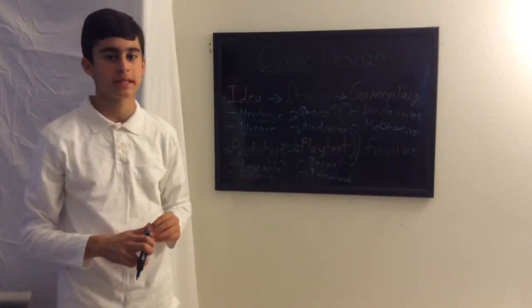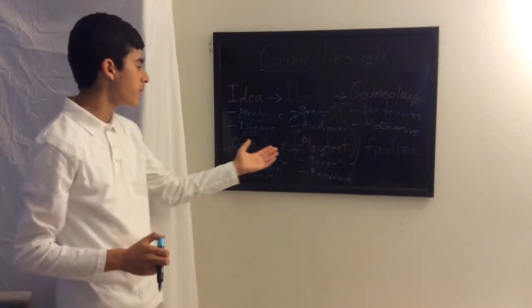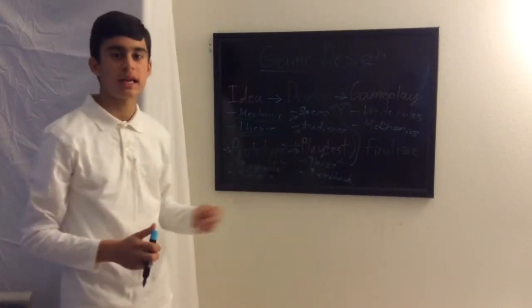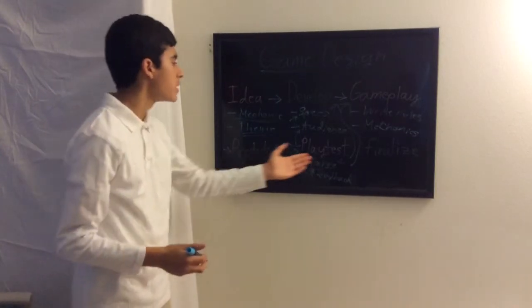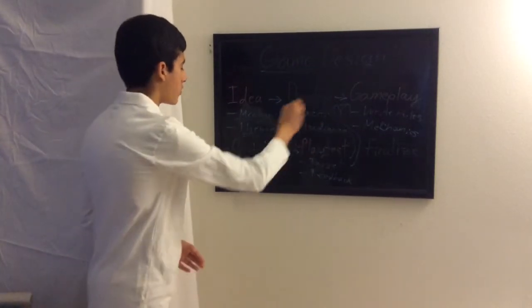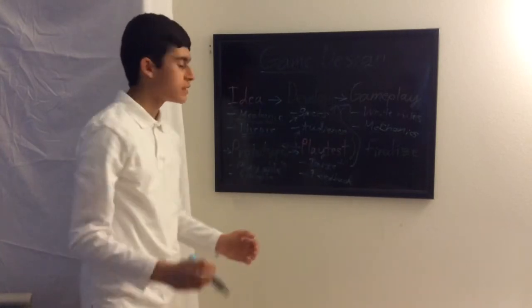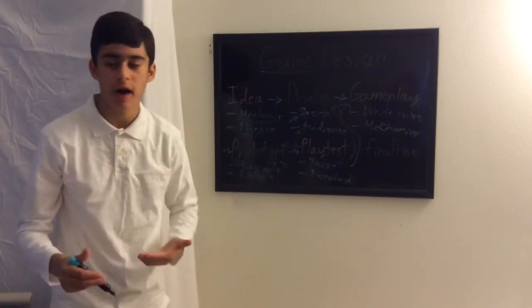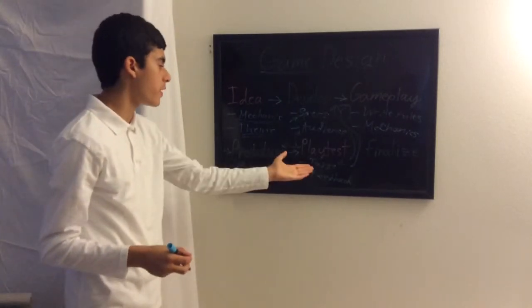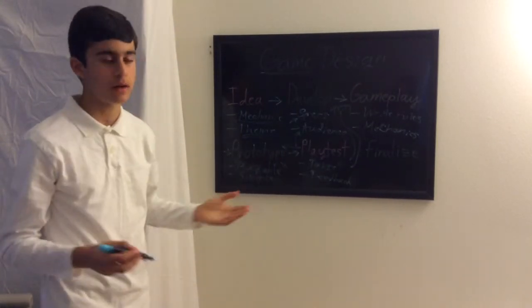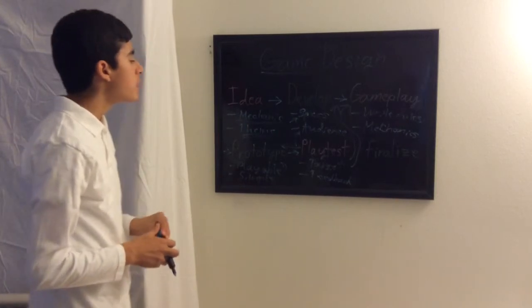Playtesting is a very important step because ultimately people need to understand it and have fun or learn from it if it's an educational game. So you need to go through this cycle multiple times until the game gets more refined and better, clearer, more fun, more informative, depending on what kind of game it is.